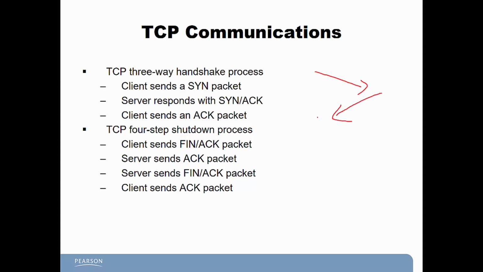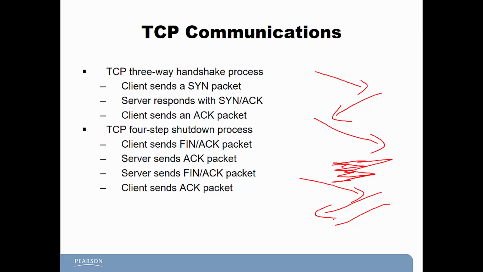Then the client will again respond with an acknowledgement. Data will be sent back and forth. And then once we're ready to terminate the process, the client will send a FIN ACK. The server should send an acknowledgement receiving it. Then the server will send another FIN ACK, and then the client should send an acknowledgement. And these 3 and 4-way handshakes are this establishment of our TCP connections.